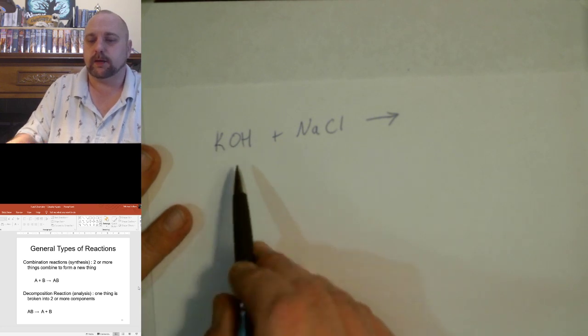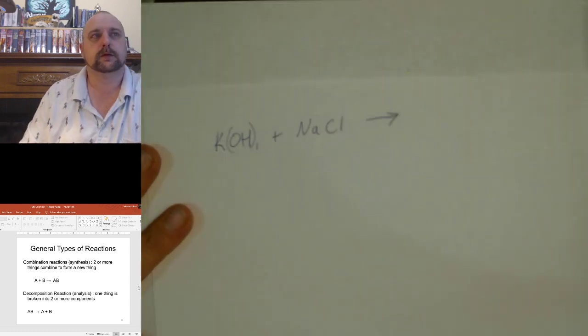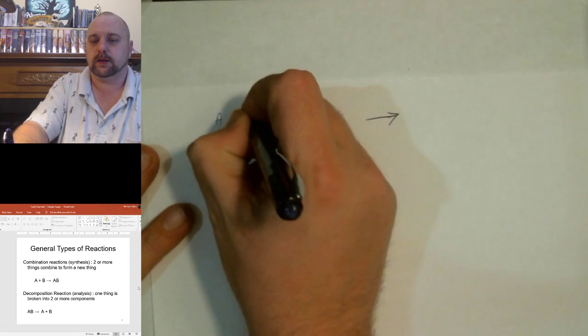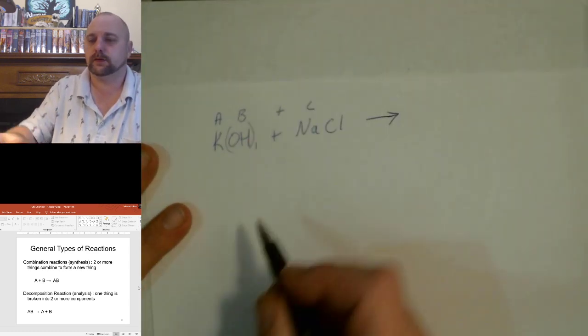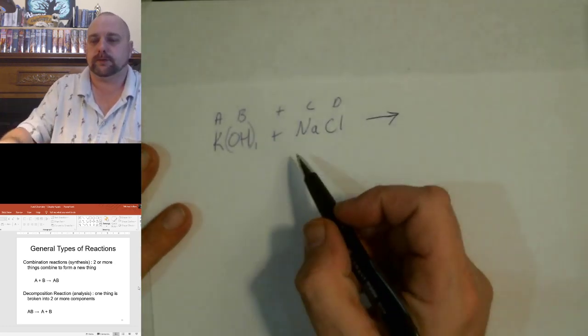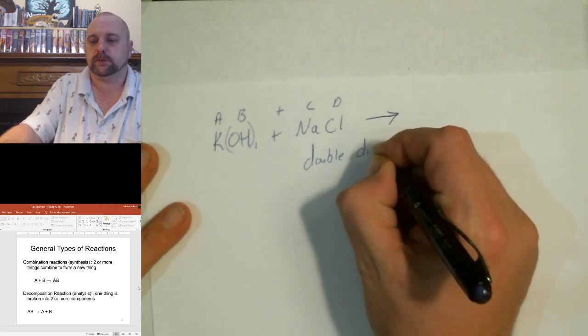So here I have hydroxy group. I'm going to go ahead and put that as one thing. Here's an A and a B plus a C and a D. So I can already identify this is a double displacement.